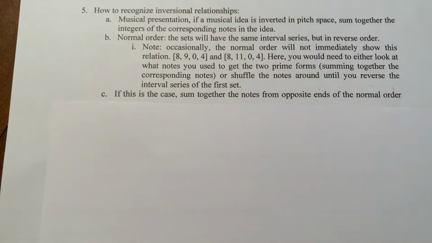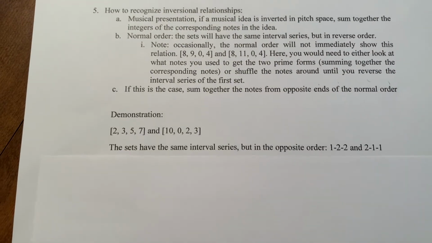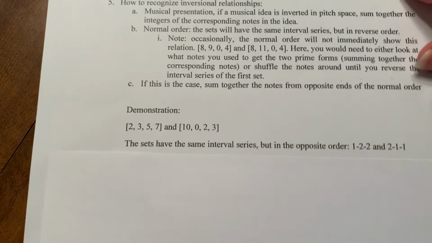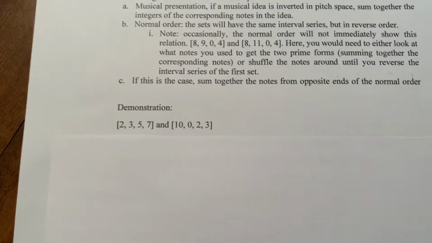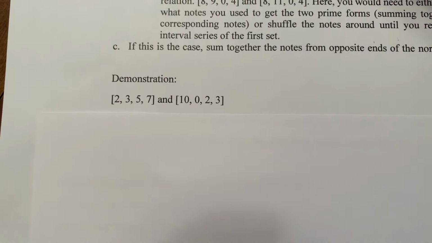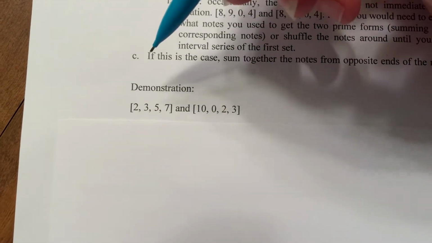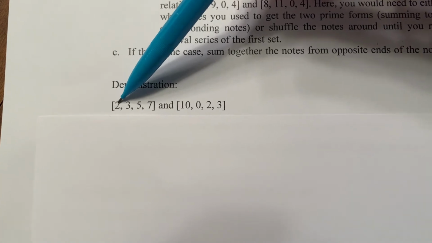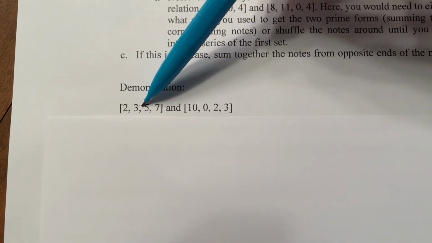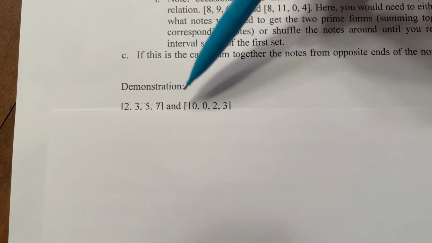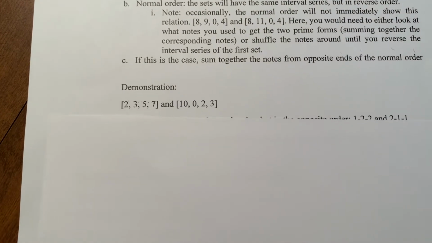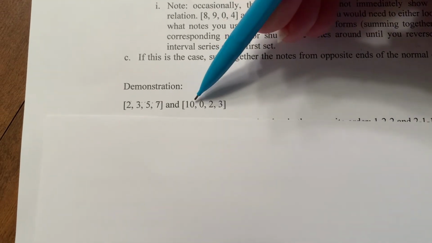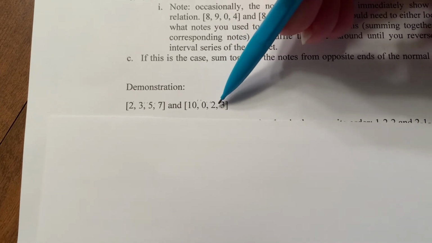All right, let me show you what I mean, because that sounds a little bit confusing. For example, if I look at these two sets right here, and let's say I know that they're both the same prime form, and I want to see if it's a transposition or inversion, you'll notice that the interval series of this one is 1, 2, 2, whereas the interval series of the other one is 2, 1, 1.